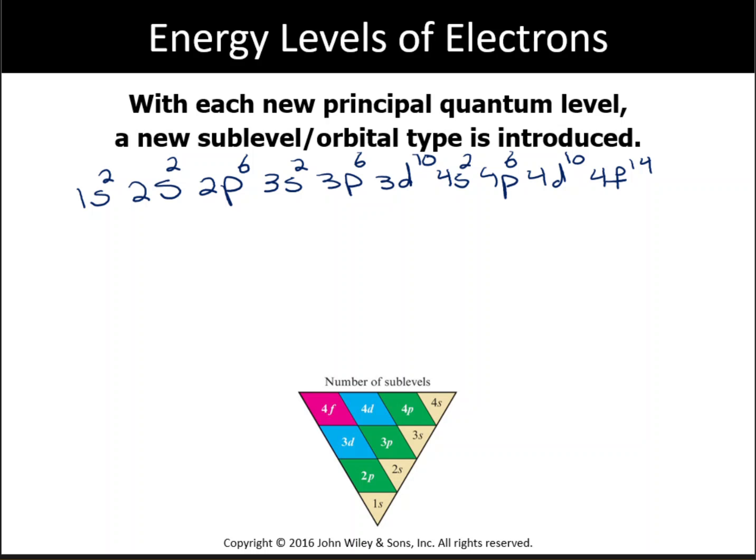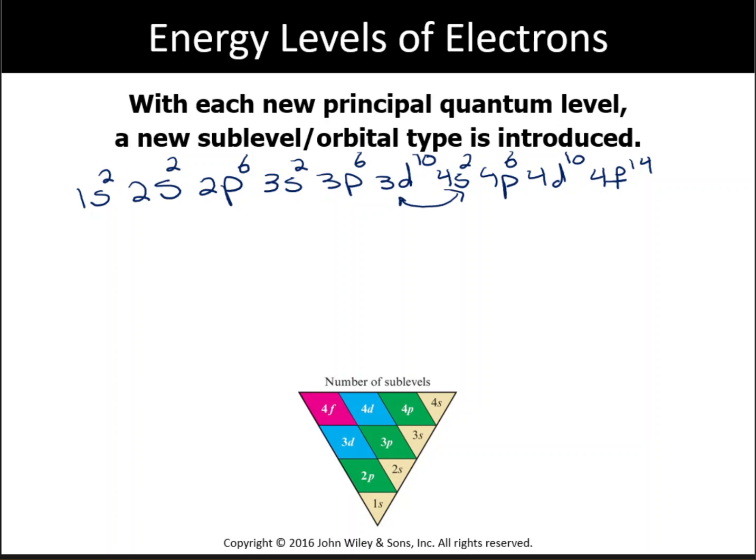Now, in general, this is the order in which the orbitals line up in terms of energy. But we want to show you that there are some exceptions here, and as we teach, we show you what the exceptions are. So one exception is going to be here. These two are going to switch.